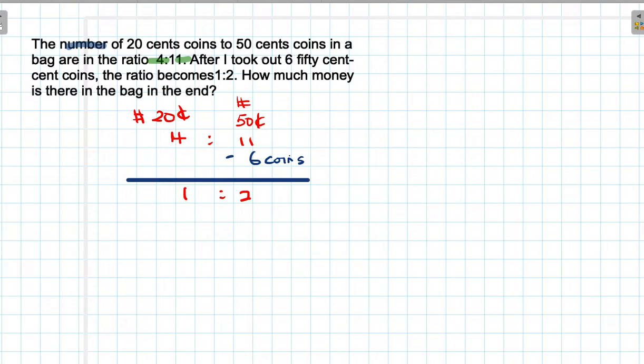Okay, let us sort out so much information. Let us just sort it out first. Firstly, I have number of 20-cent coins. I have number of 50-cent coins. Some of the things I have to think about is the number of 50-cent coins and the number of 20-cent coins, and then I will have the total number of coins.